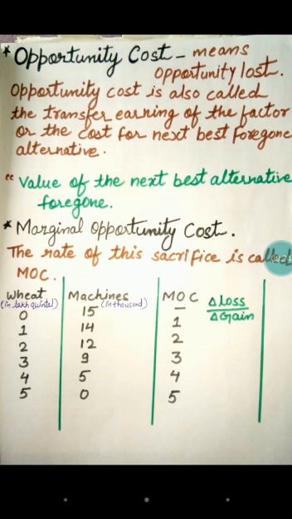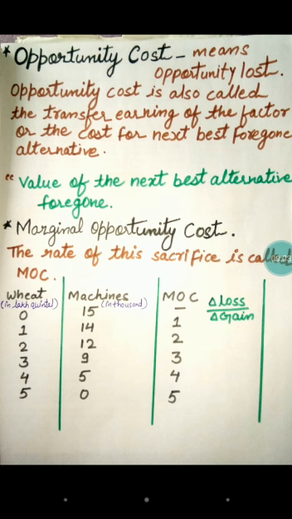If there is 1 acre of land and the land can produce rice worth rupees 5,000, or this same land can produce wheat worth 8,000, the farmer can produce either rice worth 5,000 or wheat worth 8,000.